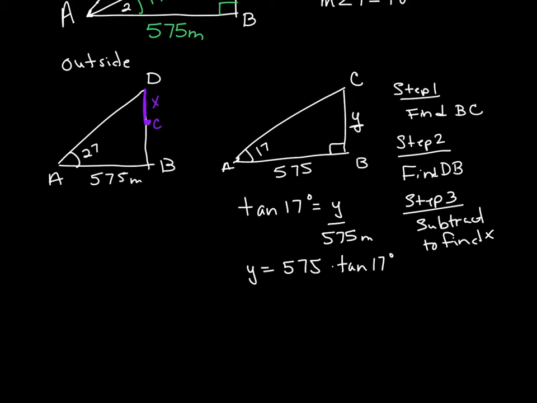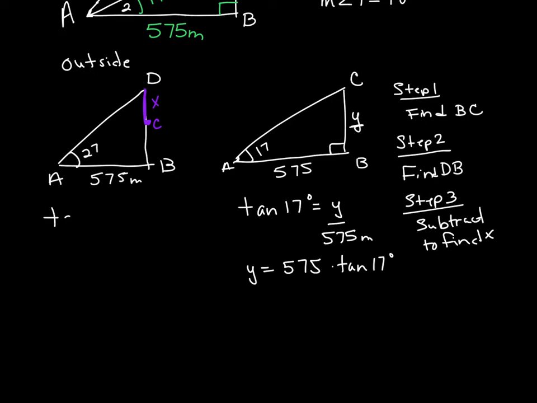Step 2, I do the same thing over here. I have my angle, I have my opposite side, which is the entire thing right now, and then my adjacent side. So again, I'm going to use the tangent.